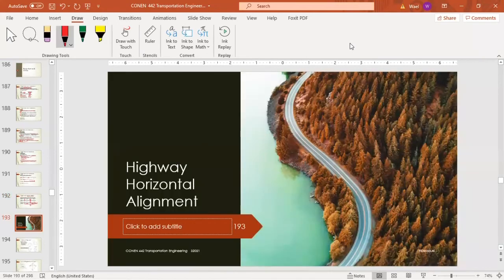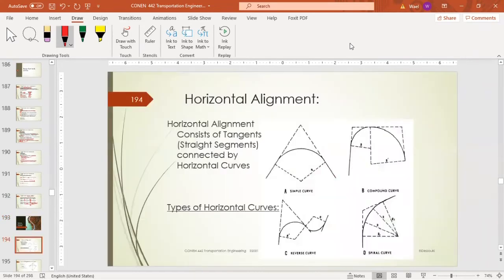Okay. So now we are going to start with the first component, which is basically the horizontal alignment of the highway. What is the horizontal alignment? Basically, on the horizontal level, the highway consists of a group of segments like this, and these segments are connected by curves.